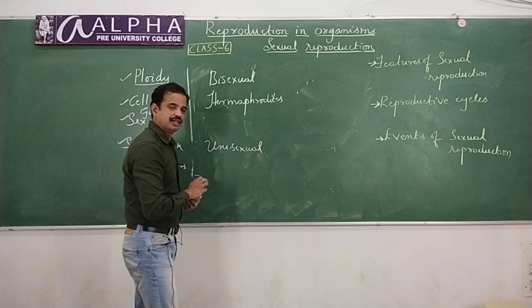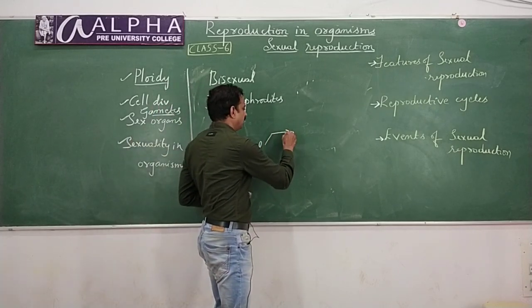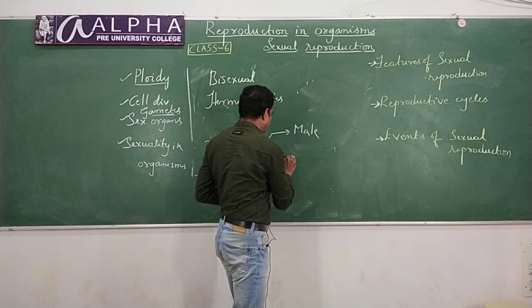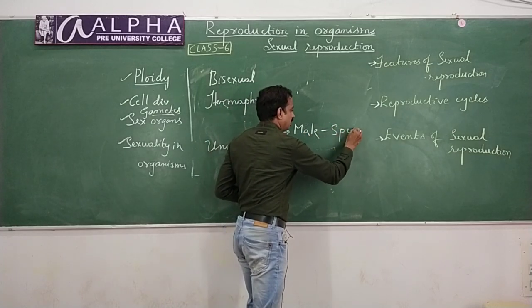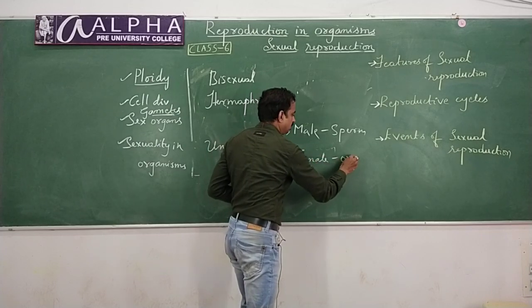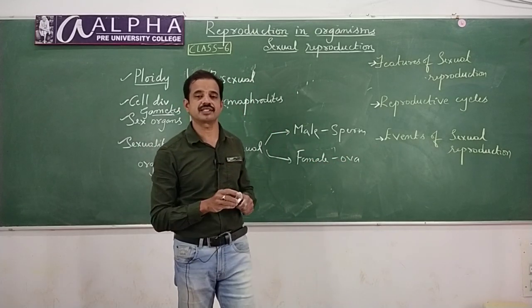Unisexual condition. The unisexual condition will give rise to a situation where there is a male which will produce sperm and a female which will produce the ova. Two sexes are there.